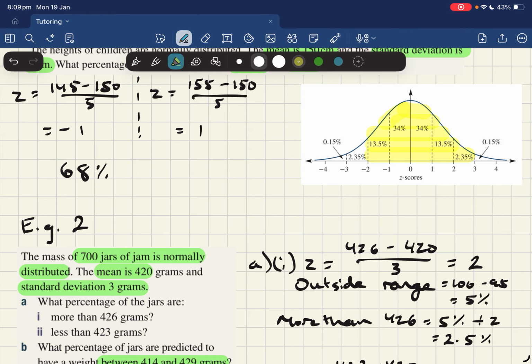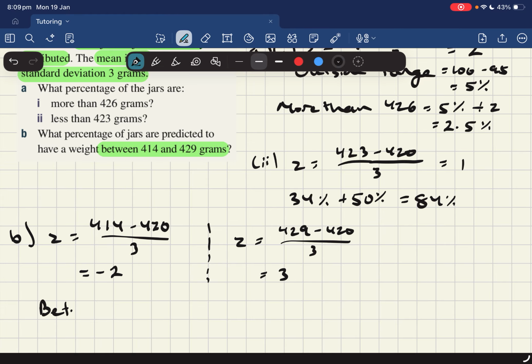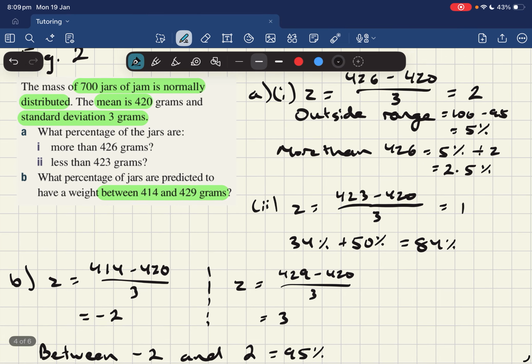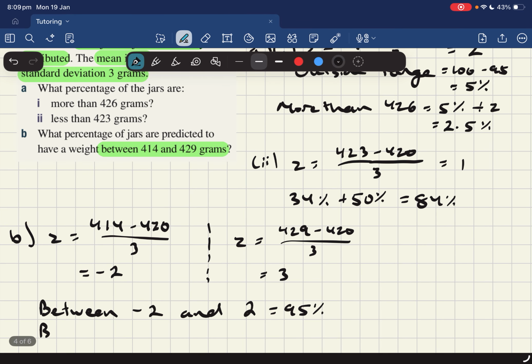So a couple of ways we can do this. Between -2 and +2 equals 95%, and between +2 and +3 equals 2.35%.